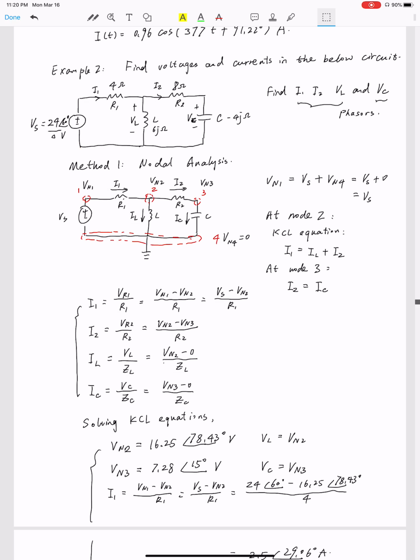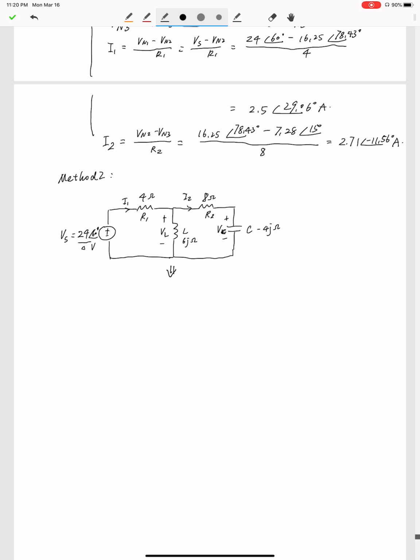Alright, so we can consider all these components R1, R2, L, and C, since they are all represented as impedances, as blocks, or we can simplify those components as resistors. So this is ZR1, ZR2, ZL, and ZC.